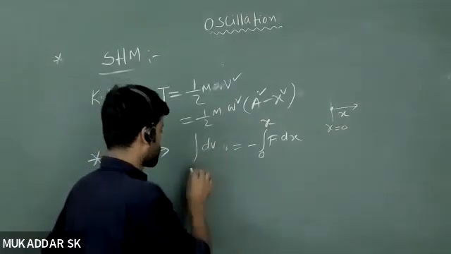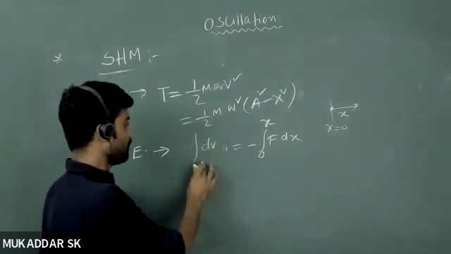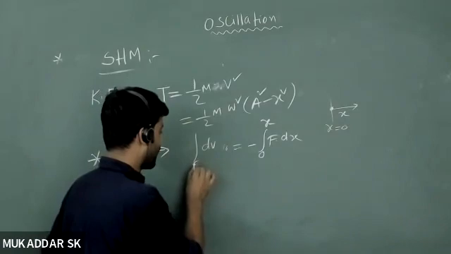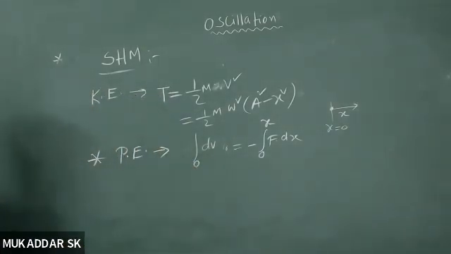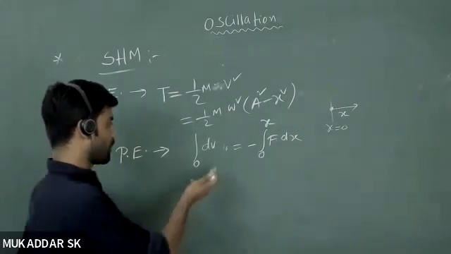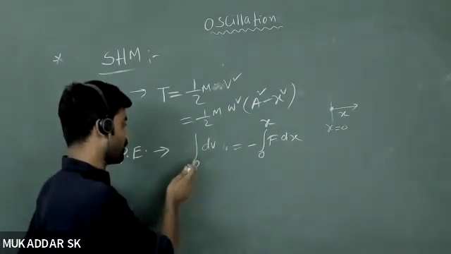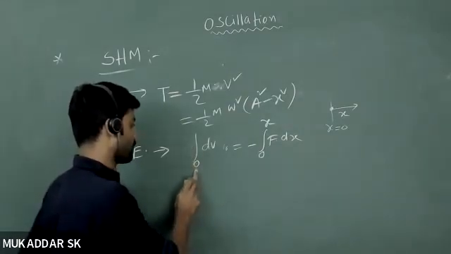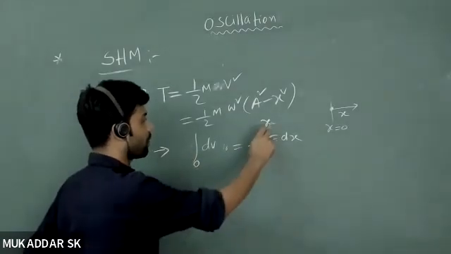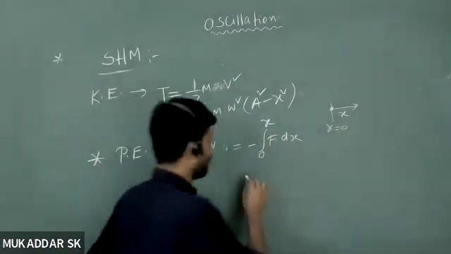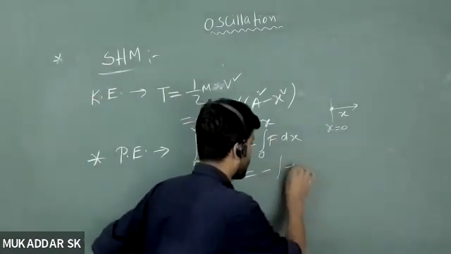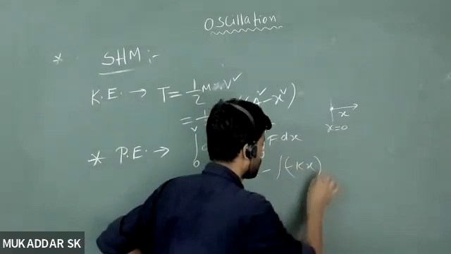Okay. So initially when it is at equilibrium, I am taking that potential energy as 0, but it is not necessary that the potential energy at equilibrium will always be 0. So for the sake of convenience, I am taking its potential energy as 0 at equilibrium position. Now if you are stretching by amount x, let us take that potential energy is V. Okay. Now you know f is what? Basically minus kx. If you substitute it, so kx dx.